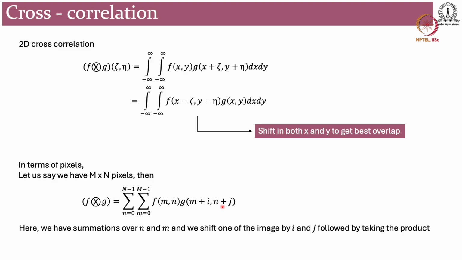So we are doing the summations over n and m, and we are shifting this image by i and j, and once you shift it, you take the product of these two functions, and then you do the summation over n and m. This gives you the cross correlation peak, which is required to get the vector and the flow field.